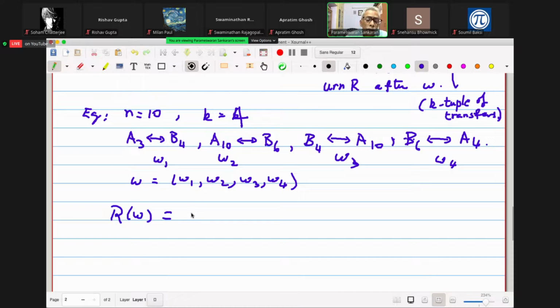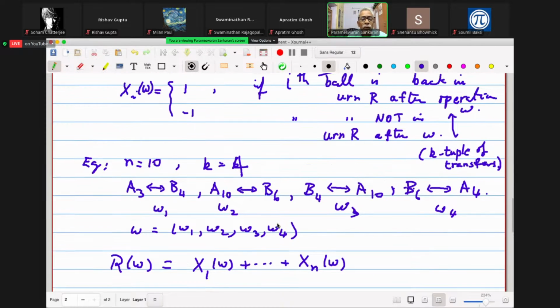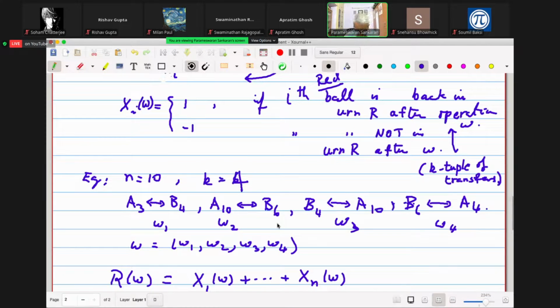How many will it be? This will be x1 of omega plus and so on plus xn of omega. But there's a slight problem with this, because I put in minus. It's not quite this.